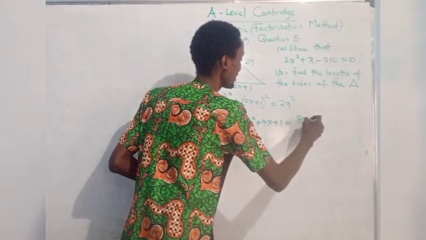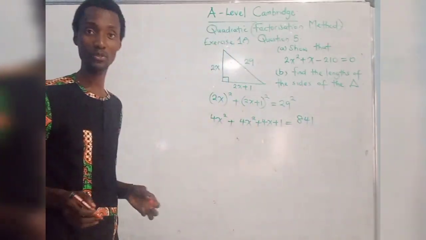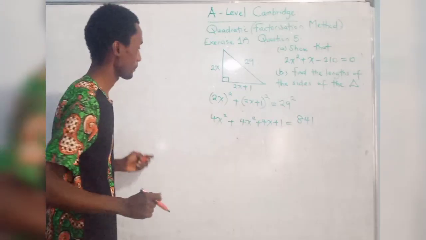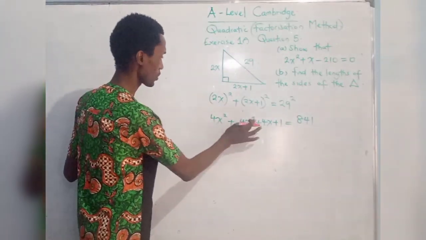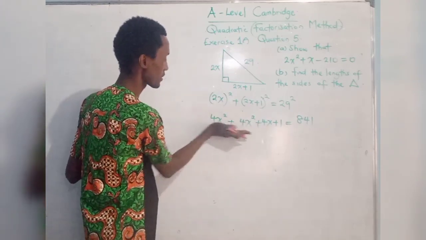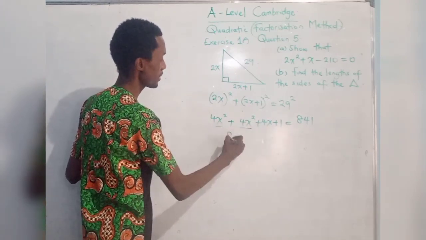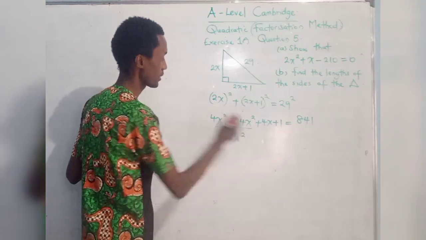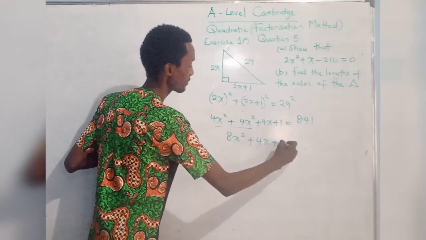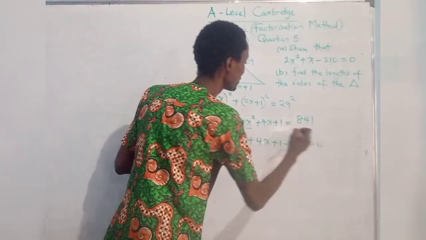I'm not a fan of calculators, so sometimes you pardon me for that. Oh, sorry, this is 4x. Now, this will give me 8x squared plus 4x plus 1 minus, I need to bring this back to do.